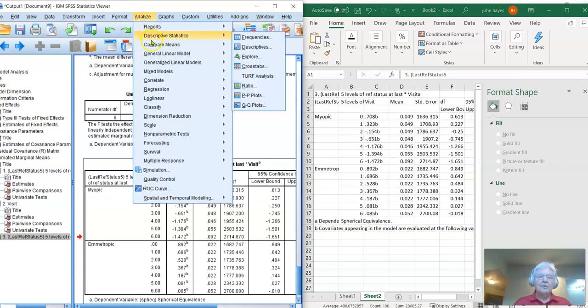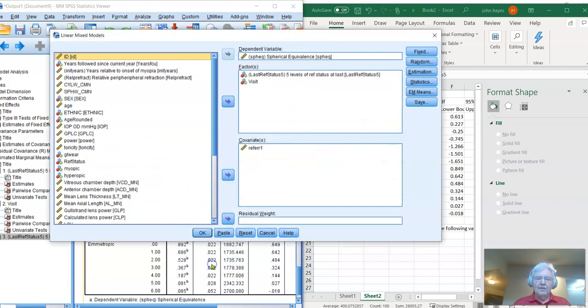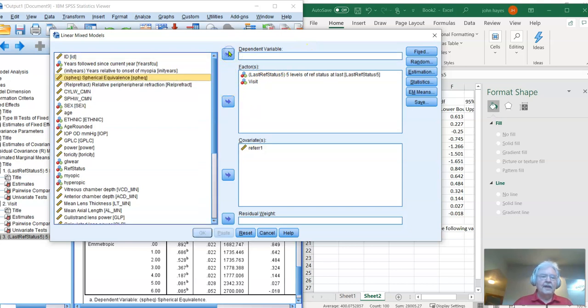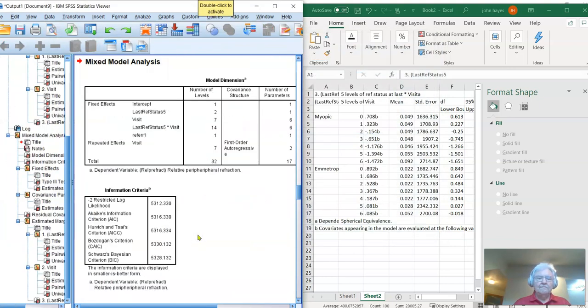We have spherical equivalence, mixed model, linear. All this stuff's going to stay the same. We're just going to change that to relative peripheral refraction as 1. Okay.